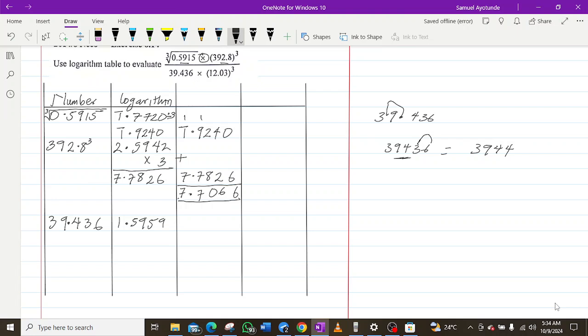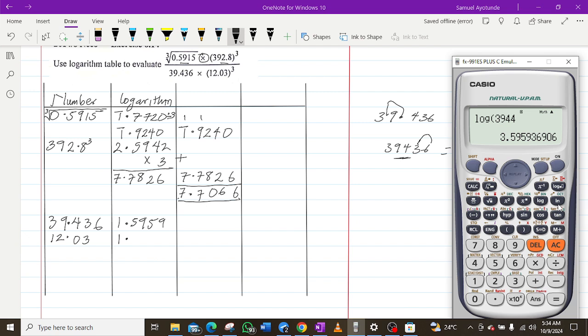So we go to the next digit, which is 12.03. If you are following, you will notice the characteristic here is 1. So we are checking the logarithm of 1203 on our calculator. Log 1203 gives 3.0802.